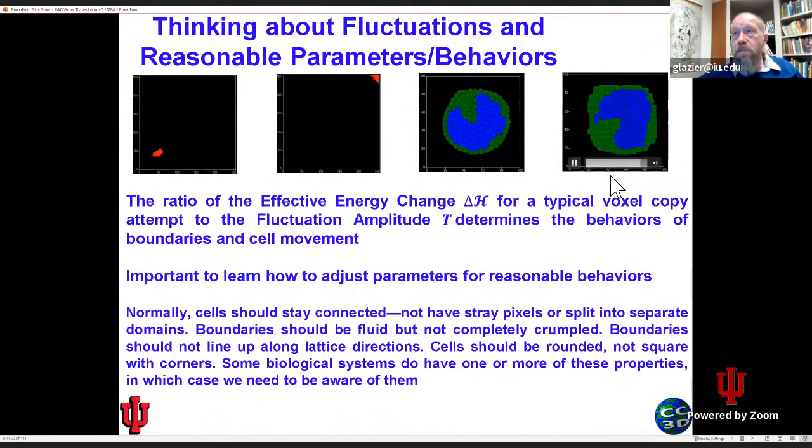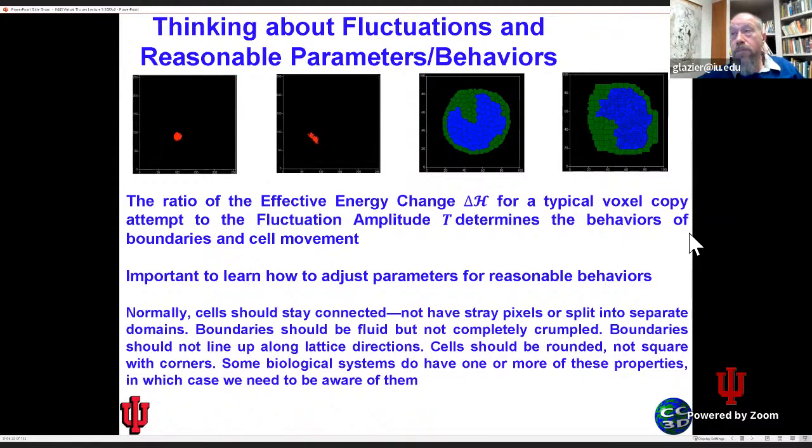Again, these are pathologies: cells falling apart, cells freezing and lining up with the lattice, cells mixing with each other. These are all pathologies that you can run into with this modeling method. Actually, all of these things do occur in the real world as well, but most of the time they're occurring under special conditions. They're not the normal things you want cells to do.